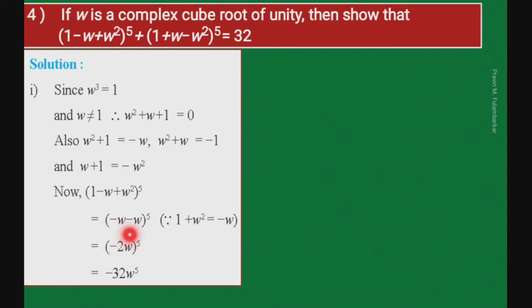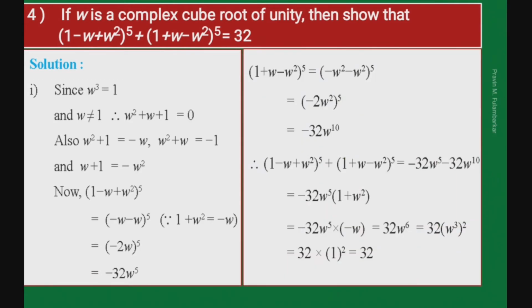So minus omega minus omega is minus 2 omega, so we take the power of minus 2 as 5 and the power of omega as 5, that means we separate the power. So minus 2 raised to the power 5 gives minus 32, and omega raised to the power 5. Omega raised to the power 5, we can write as omega square into omega cube. So we keep this value here as it is.